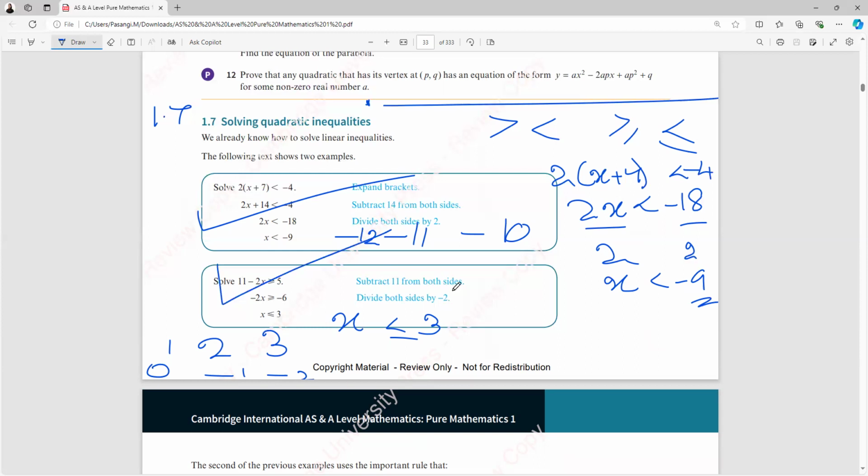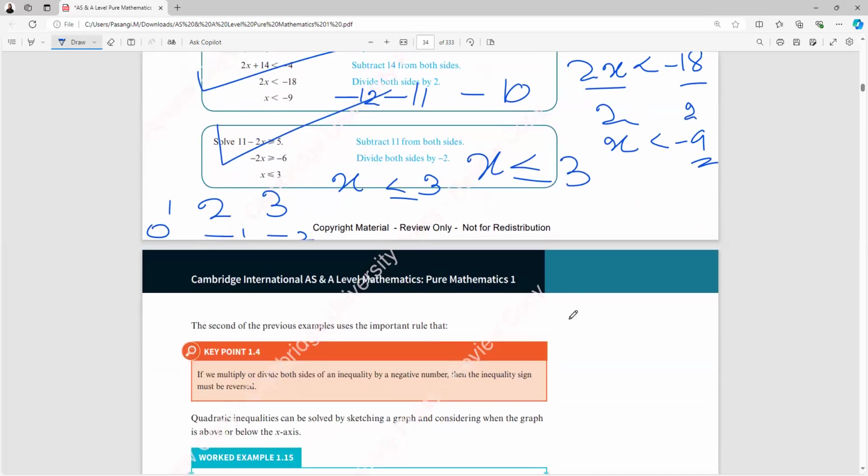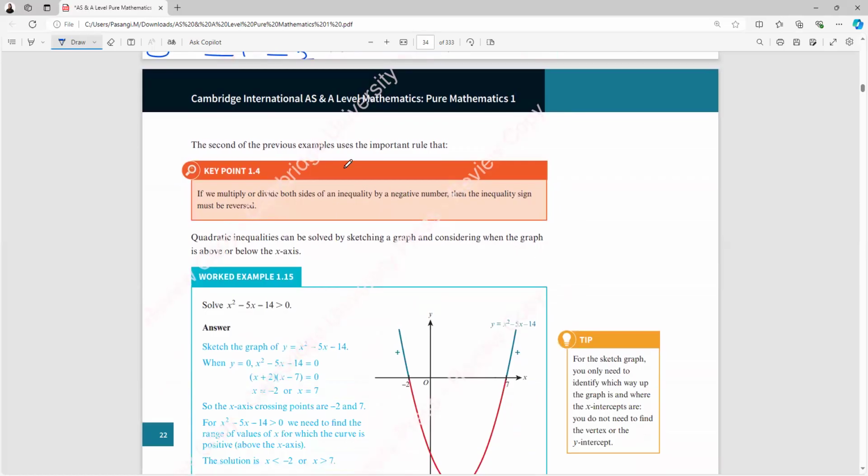But what will happen if we multiply or divide both sides by a negative value? Then the inequality sign should flip. So here, if it's minus 2x greater than or equal to minus 6, and we divide the entire inequality by minus 2, then we have x is less than or equal to 3. That's what they have mentioned here.